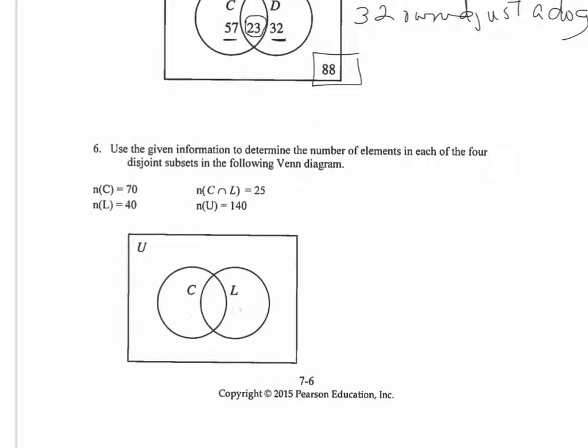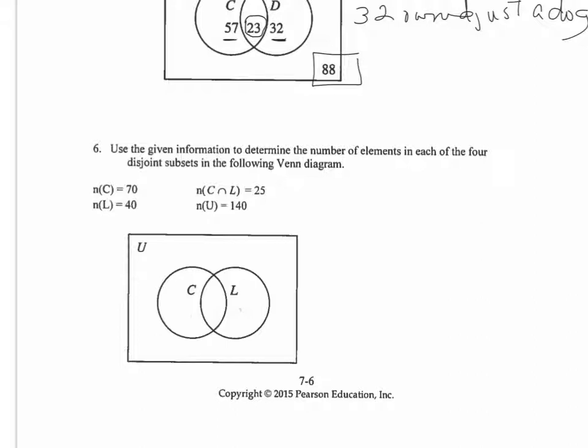Sometimes, though, you may be given the information and it hasn't been placed on a diagram. So I want you to look at this and let's see if we could figure out how to place this information on the diagram so that we would be able to answer a question about it.